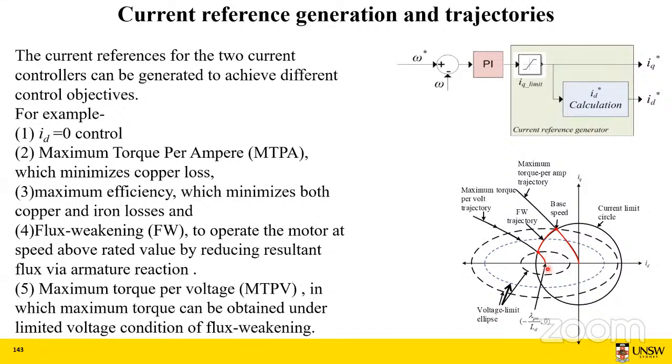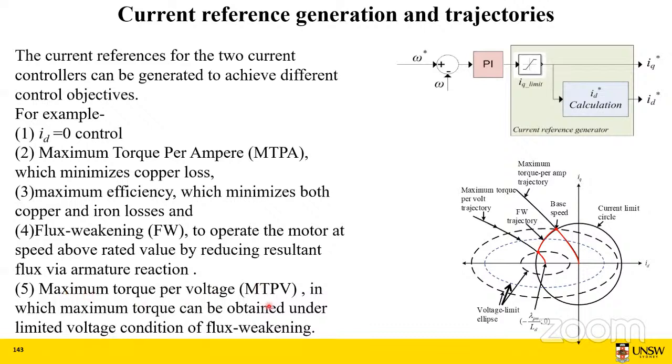That condition gives us another trajectory known as maximum torque per volt. So you can run in flux weakening, and if you have arrived at this point in your operation of the motor, you may run along the MTPV, or maximum torque per voltage, trajectory.